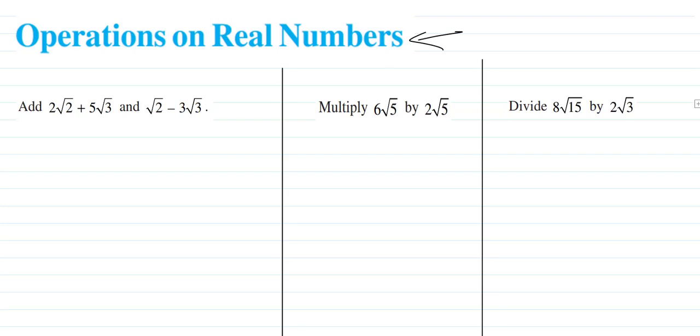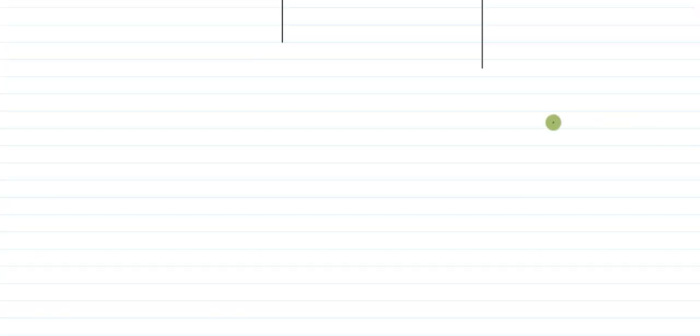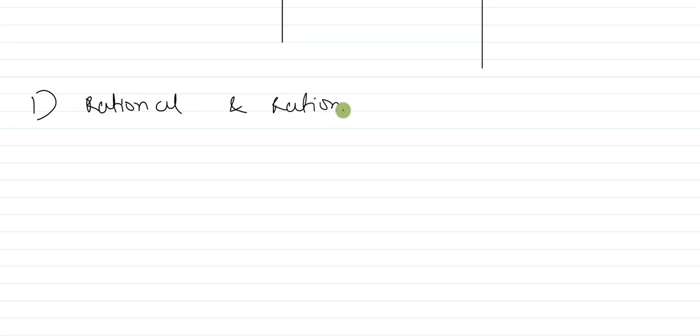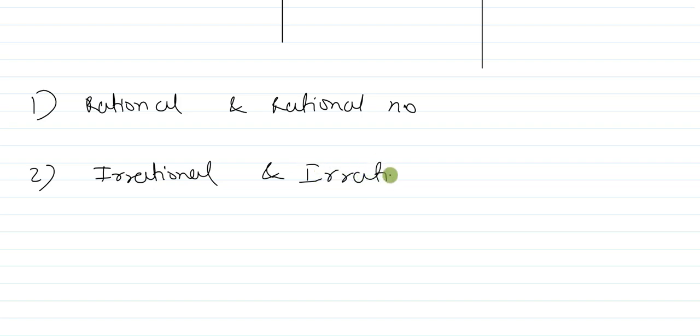So there will be three types of operation. First, I will write, operation on rational number and rational number. That is, two rational numbers on which we are going to perform mathematical operations. Second one will be two irrational numbers, irrational and irrational number.